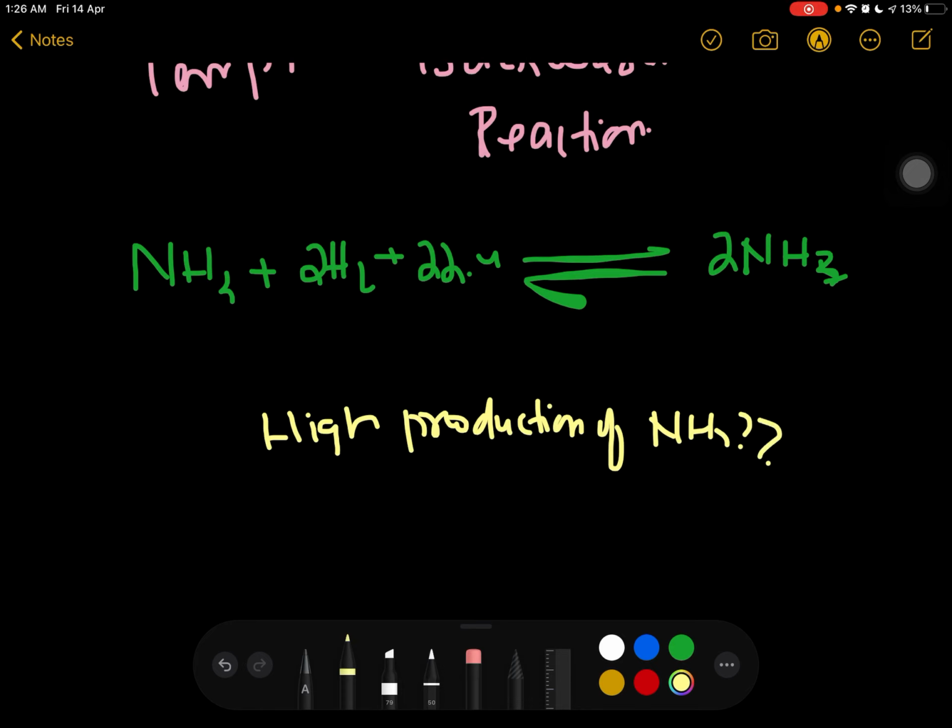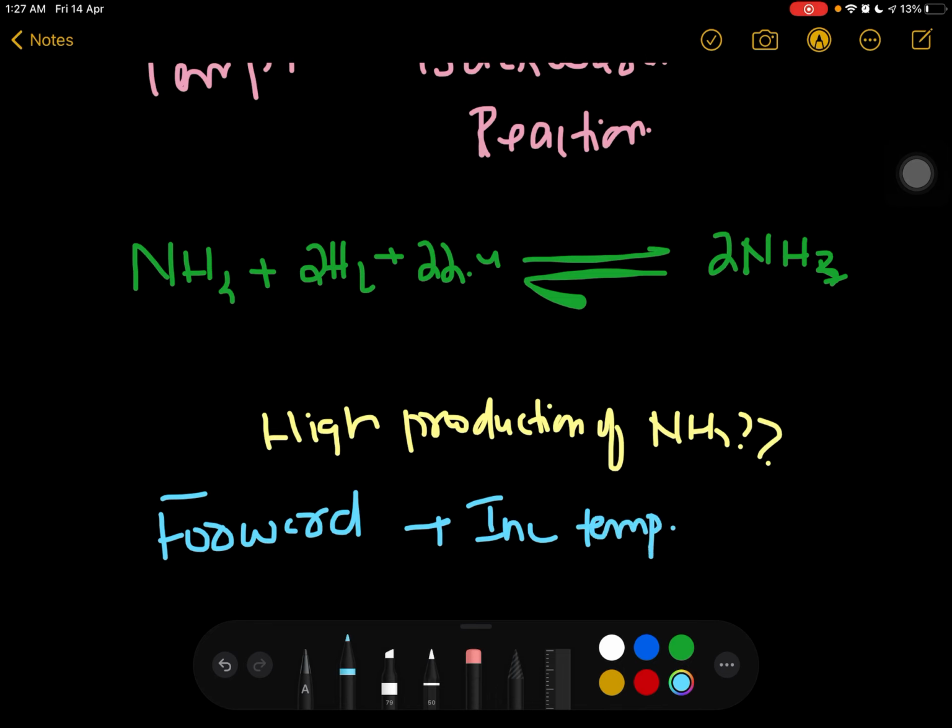The reaction should be directed where the heat is absorbed, so the reaction should go forward.